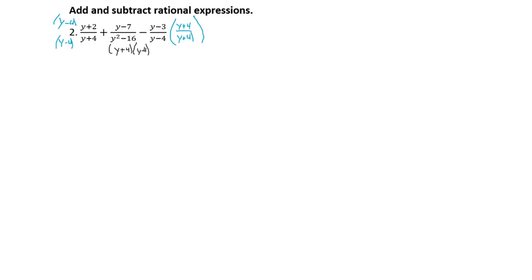So my LCD is (y + 4)(y - 4). And on top, I'm going to have (y - 4) times (y + 2) plus y - 7, which I didn't do anything to.